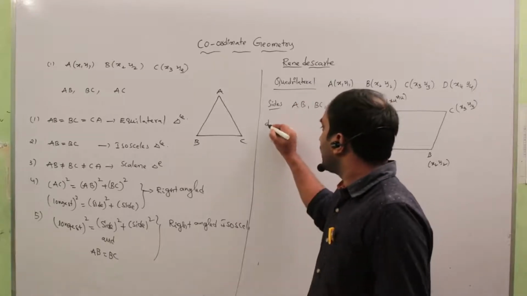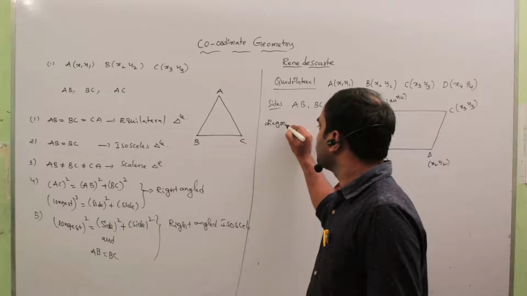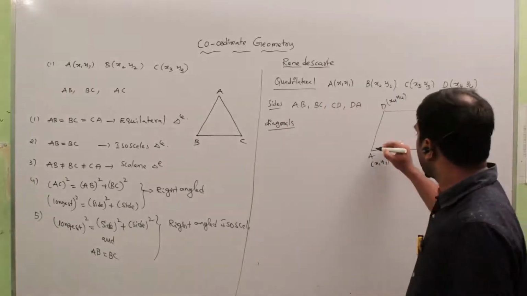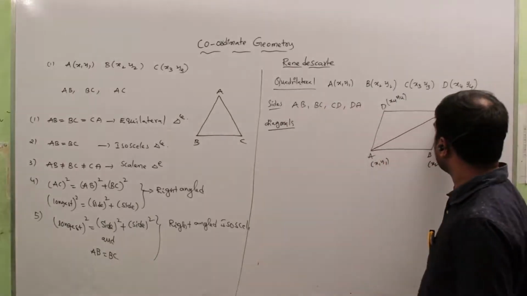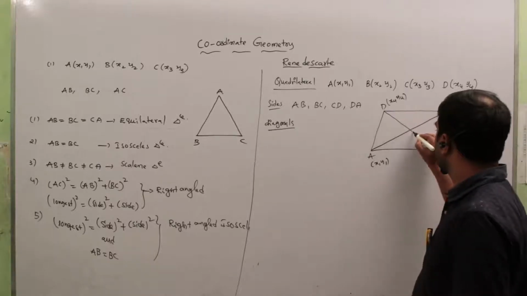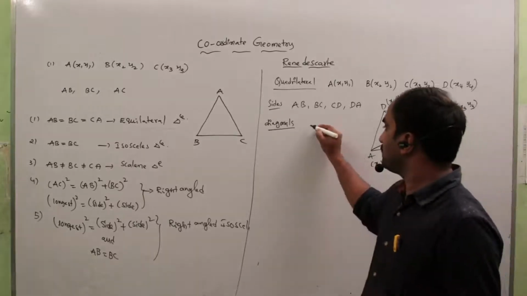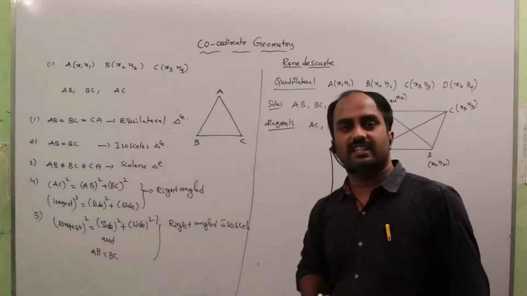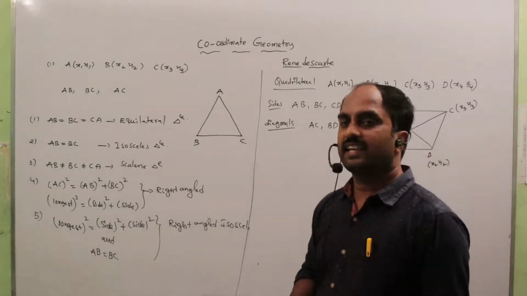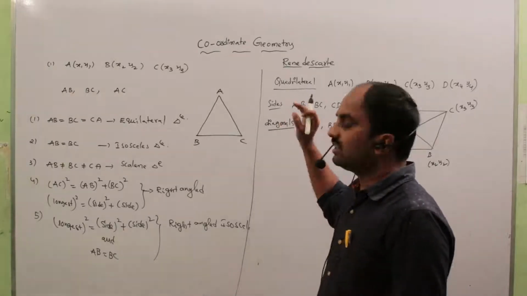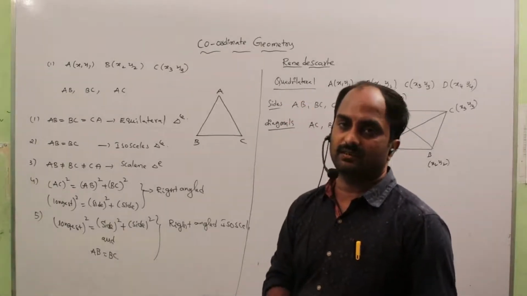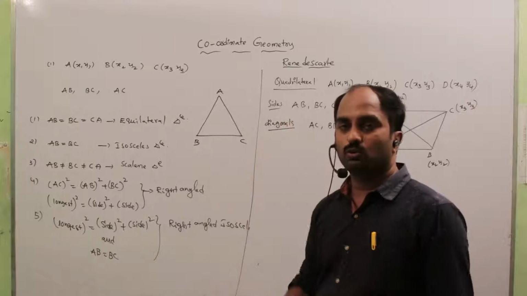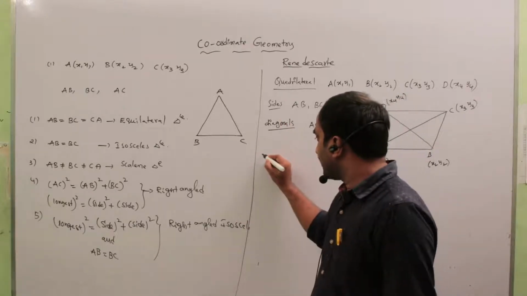And you have to find out 2 diagonals. What are the diagonals? One is AC, second one is BD. So totally you have to find out 6 lengths, 4 sides and 2 diagonals. Then we are getting some cases.